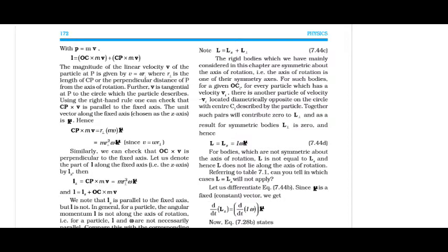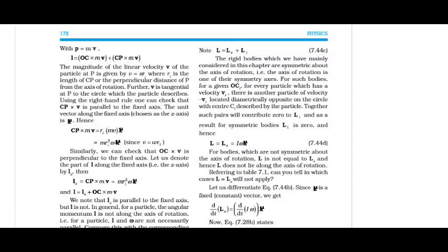The rigid bodies which we have mainly considered in this chapter are symmetric about the axis of rotation. That is, the axis of rotation is one of the symmetry axes.